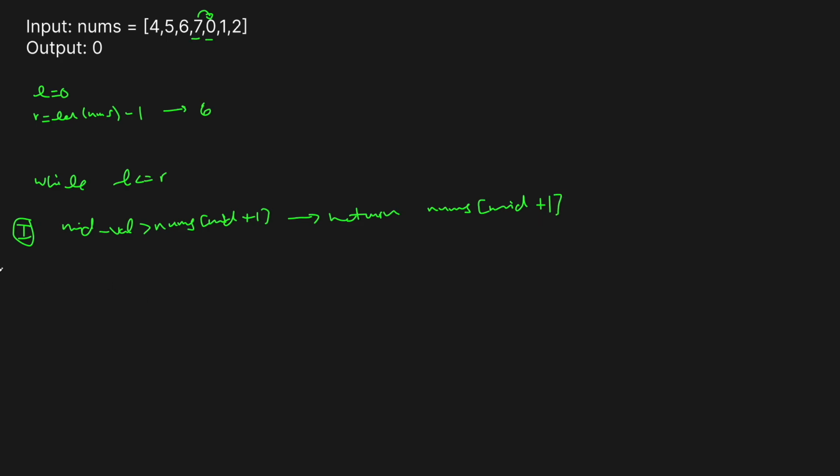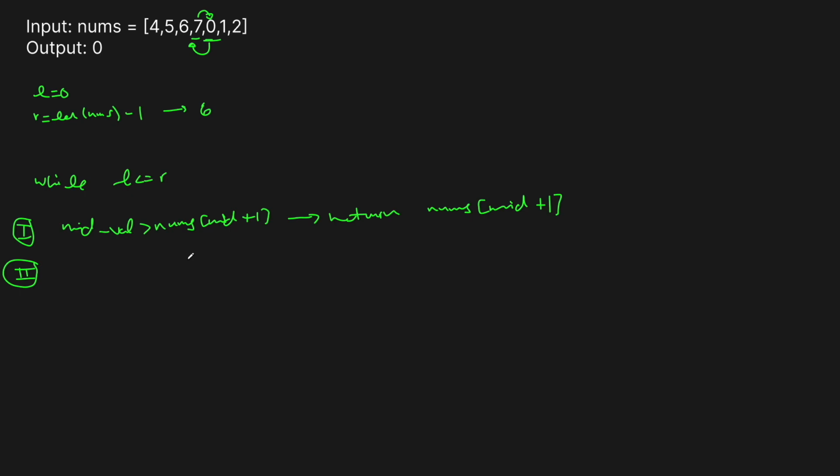Okay. Now we could actually have the opposite being true. What if we land on 0 as our midpoint? We want to check the opposite. Here, we were checking the right neighbor, but it could be the case that we actually end up on the minimum, which, in order to verify it's the minimum, needs to be less than its left neighbor.